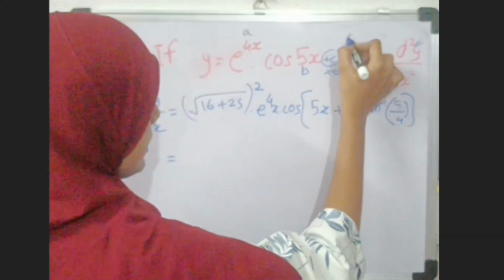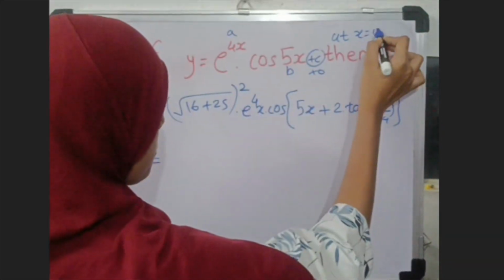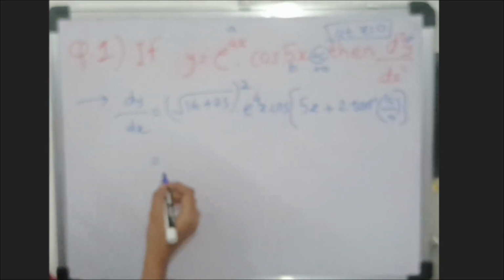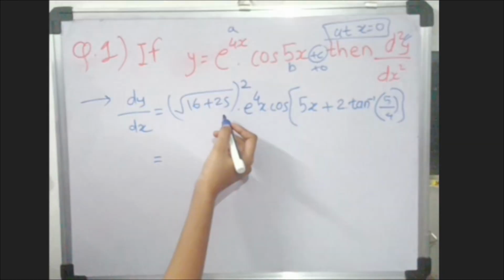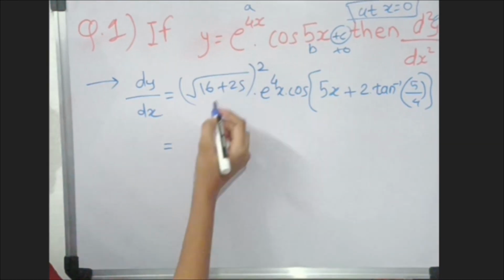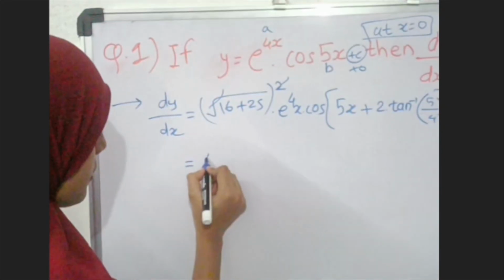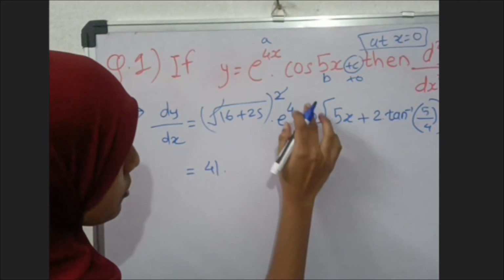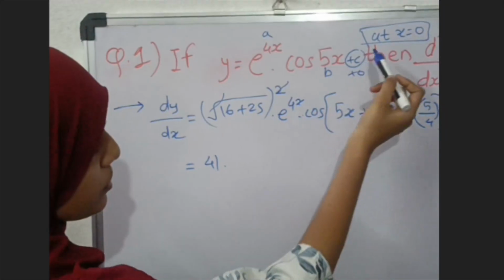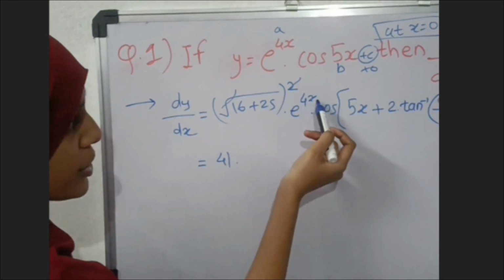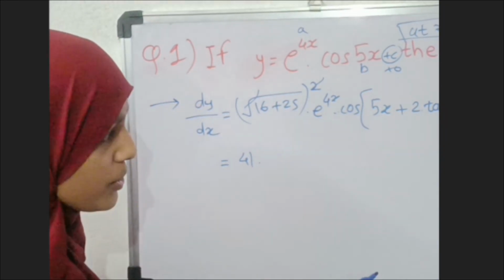We have to find it at x is equal to 0. Just remember it, I forgot. So just add it. 16 plus 25 is 41. So under root 41 square and the square root will get cancelled. So it will be 41 into e raised to 4 to the power of x. As we know, x is equal to 0, then 4 into x will be 0 and e to the power of 0 is 1.